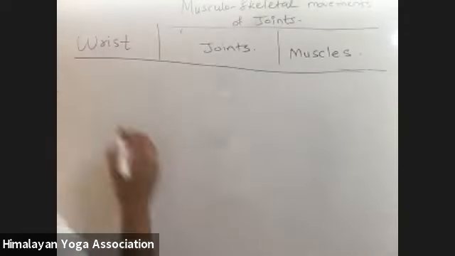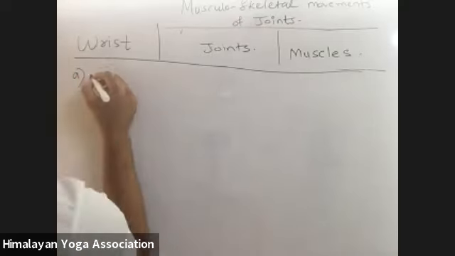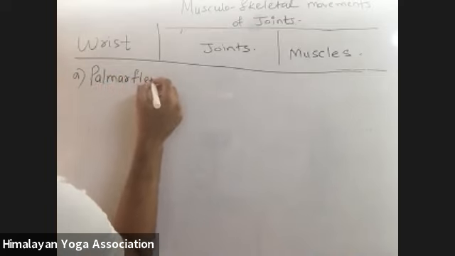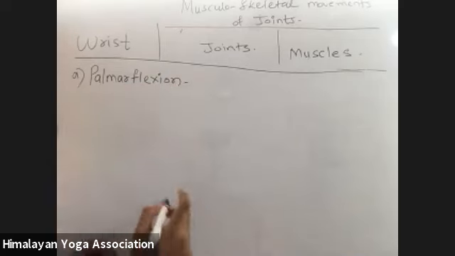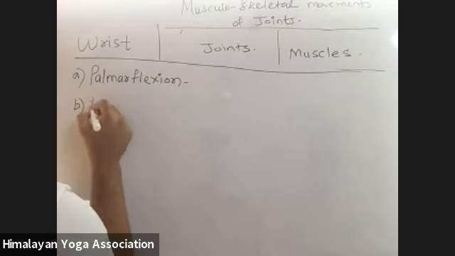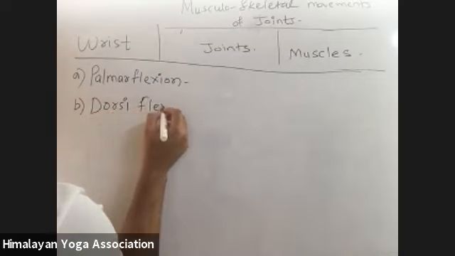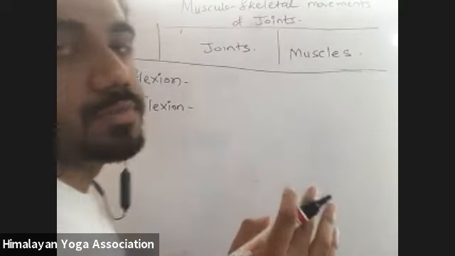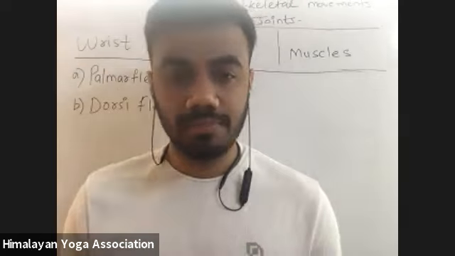So the action or the movement of the wrist joint: first, we have dorsiflexion of the wrist and palmar flexion of the wrist. I will tell you what is palmar flexion and what is dorsiflexion.